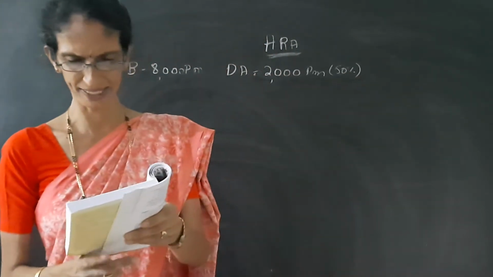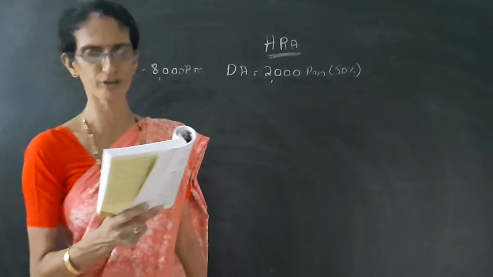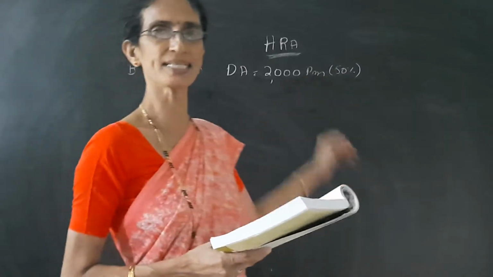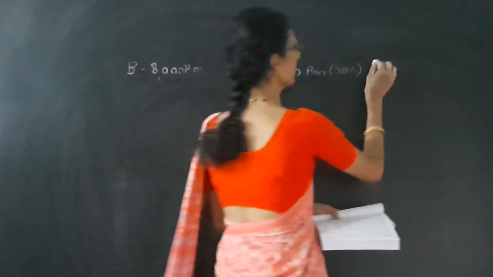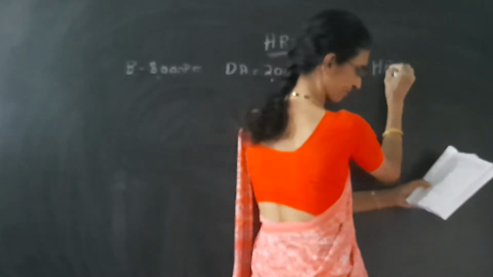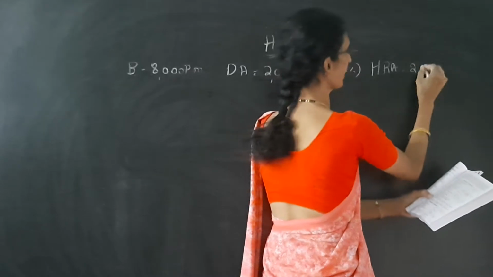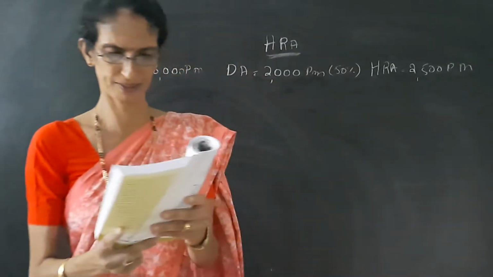It is given in the bracket: 50% of this forms part of salary for retirement benefit. That means 50% of DA enters into retirement benefit. Then HRA is given. House rent allowance is 2,500 per month.